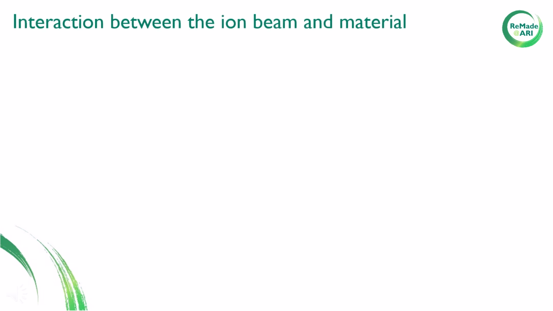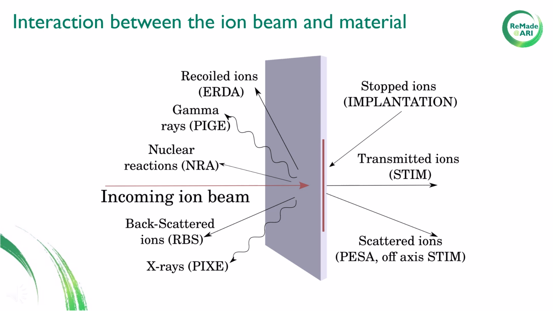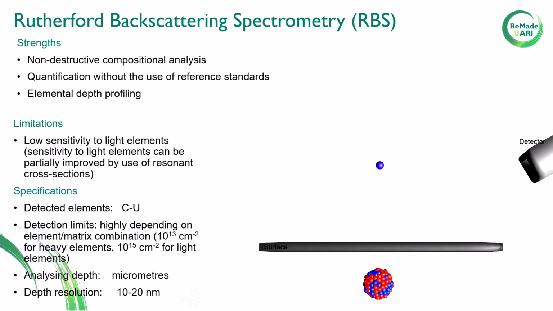When charged particles penetrate through the solid material, several phenomena can occur like elastic scattering, elastic recoil or knocked out electrons. Ion beam analytical methods are based on monitoring of products of the given phenomenon. Rutherford backscattering spectrometry is a non-destructive ion beam technique.